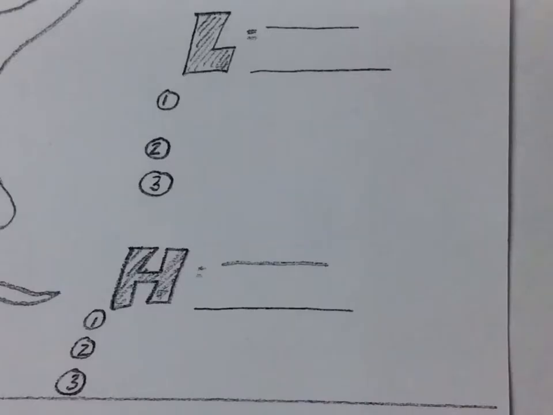All right, so first move over to the middle right of your paper, and we're going to talk about low pressure and high pressure. Low pressure is signified on a weather map by a big block L. It's red on a weather map. Low pressure has three characteristics. The first is that air in a low pressure system is rising.